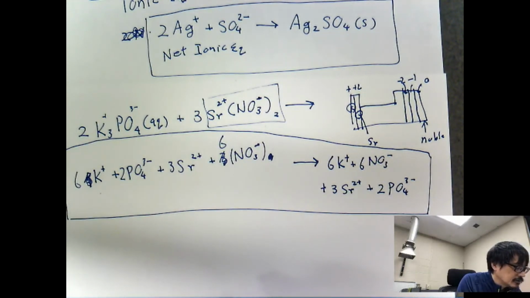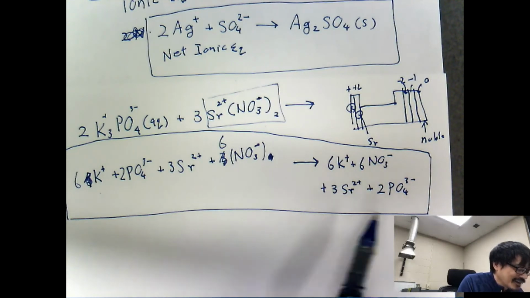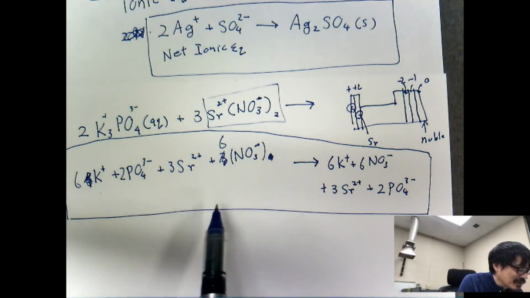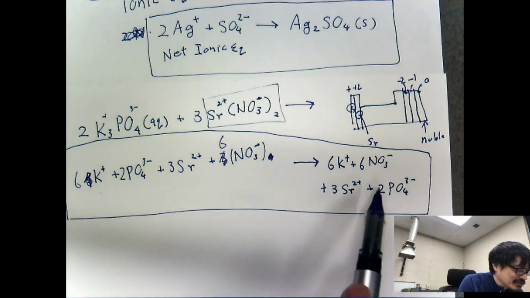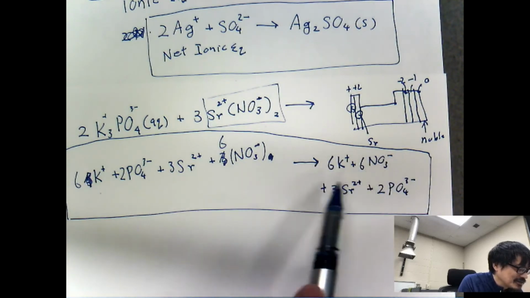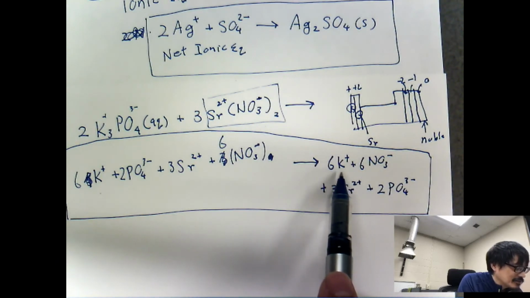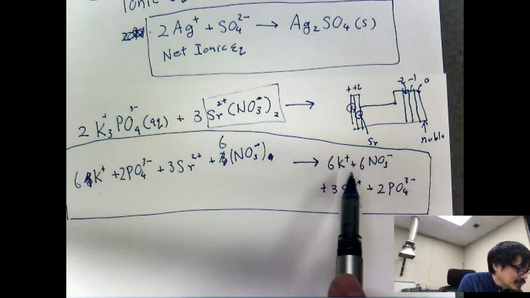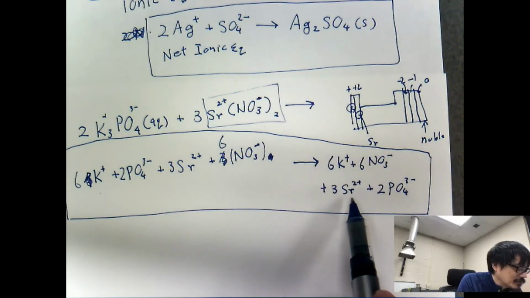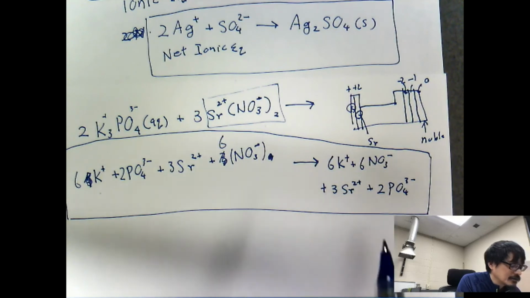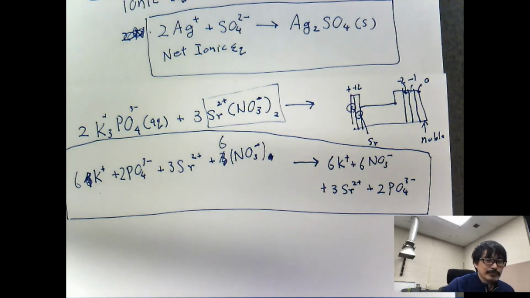Or is it? Not really, right? I still have to figure out if these things or those things are going to be solid or not, right? So let's check. K is going to pair up with anything, and all of those are going to be aq, right? So that's going to stay as is. But what happens if you actually pair up Sr and PO4 3 minus? So if you look at your own table, or maybe I'm going to switch the screen here.